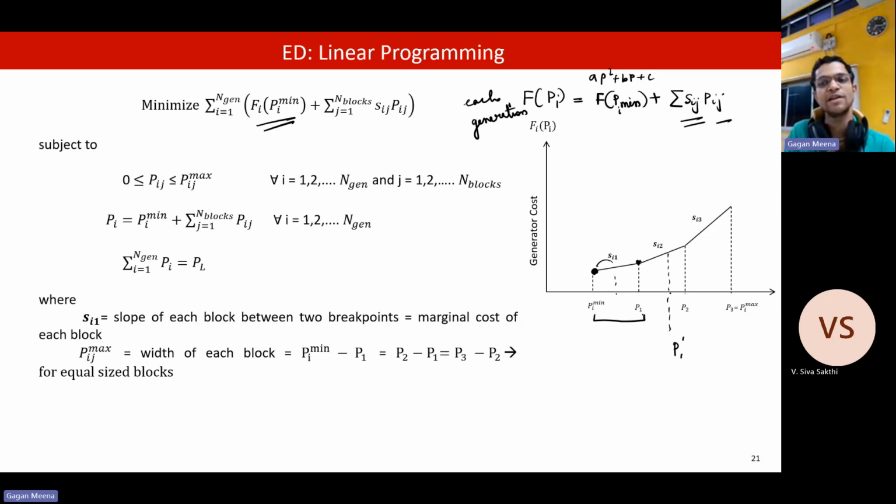Then this segment is utilized fully, so the cost will be F(Pi min) plus the slope of this, Si1, into this difference, P1 minus Pi min. The second one will be Si2 into P1 dash minus P1, because we have only this much.